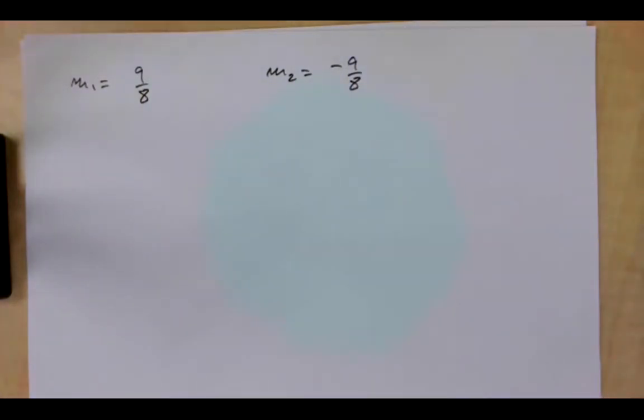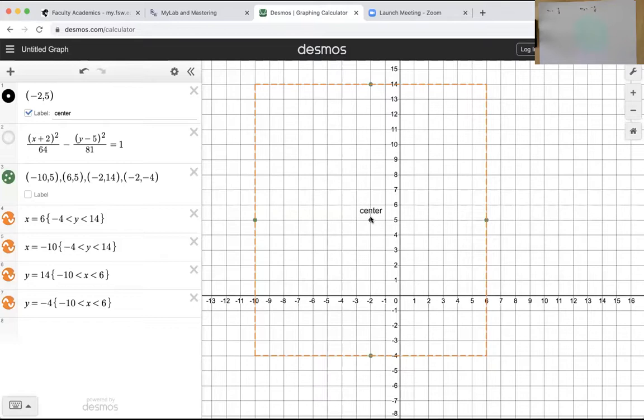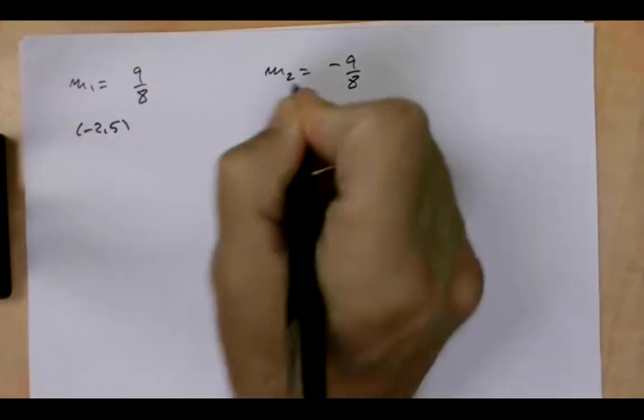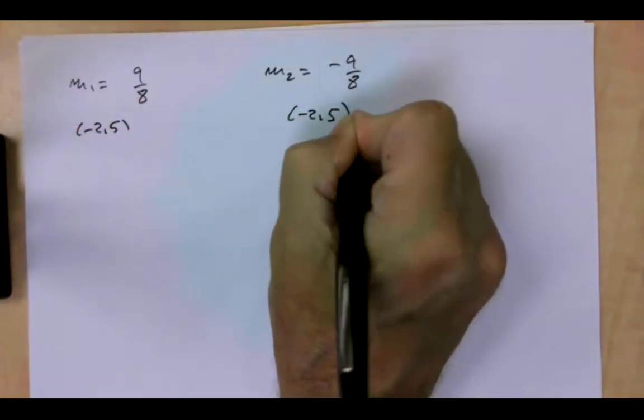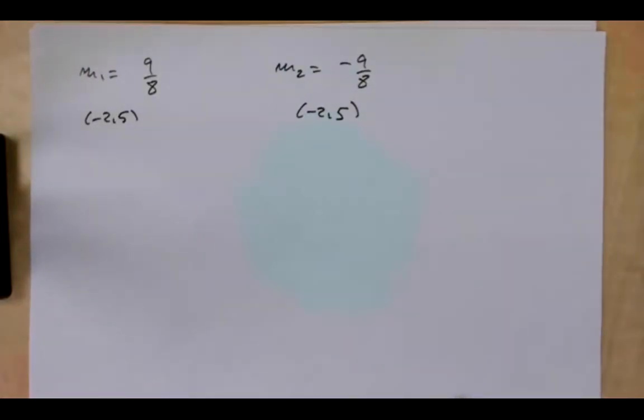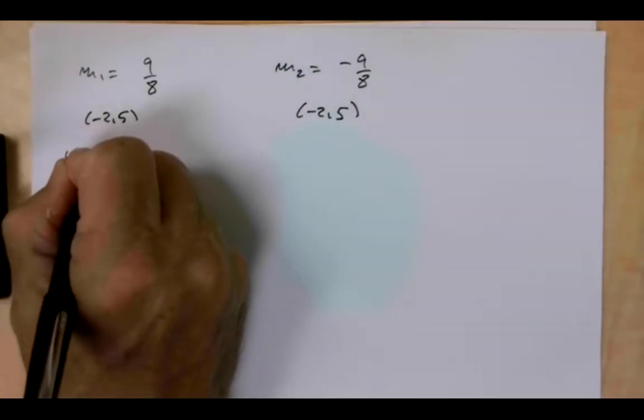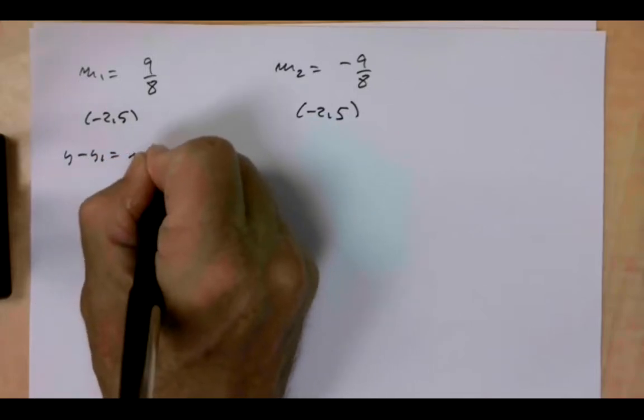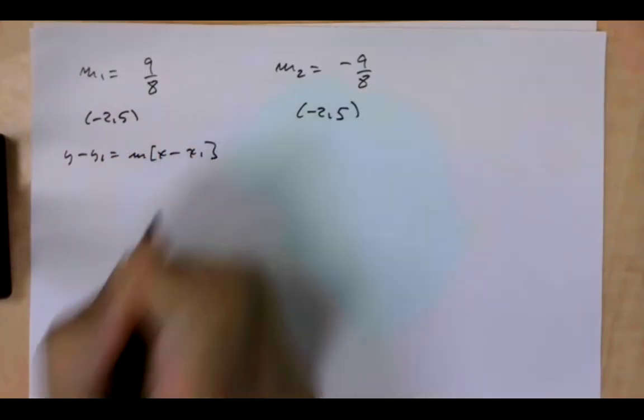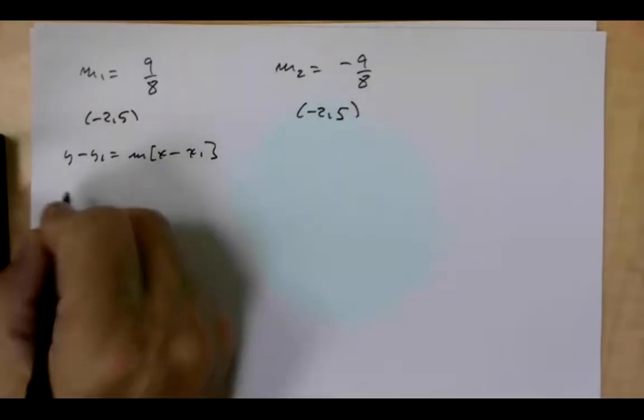Now, what else do we know about this? So fine, we have the slopes of those lines. But the asymptote has to go through the center. So -2, 5 is a point on both asymptotes. So this may be a place where it might be helpful to use the point slope form, y minus y1 equals m times x minus x1, just to emphasize this pattern.